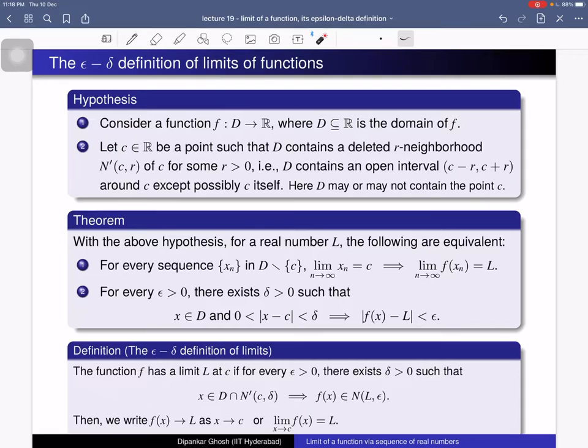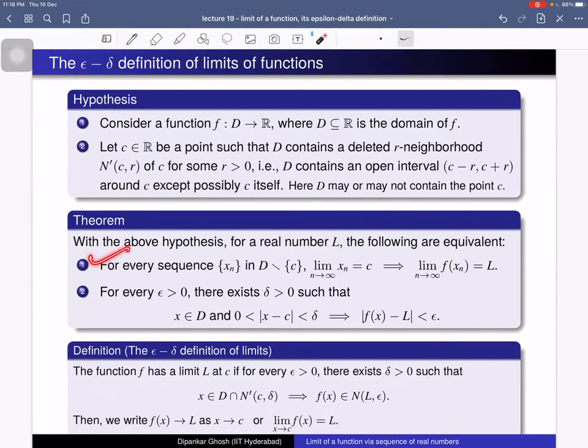Last time we defined this notion of limit. We say that f has a limit L at the point x equal to c if it satisfies this condition, and today we will prove that this condition is equivalent to this other condition. So with the above hypothesis, for a real number L, the following are equivalent.